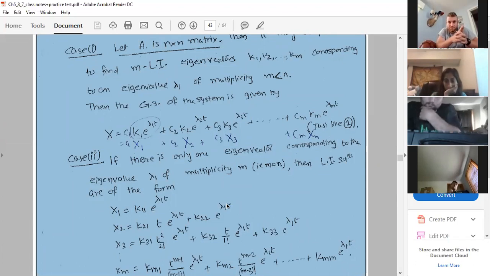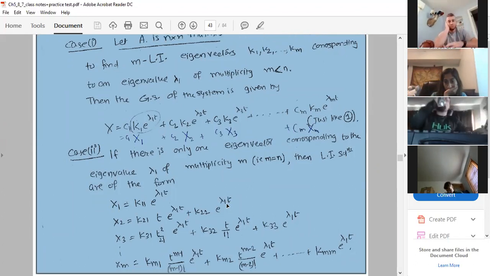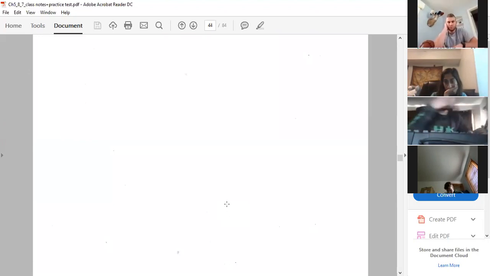For m less than n, I may ask you 3 by 3, but for m equal to n, I would like to restrict to 2 by 2. Right? I don't want to create any confusion or complications for you guys. I just want you to know the material thoroughly, to understand the concept. That's my intention. I don't want to put you in trouble.